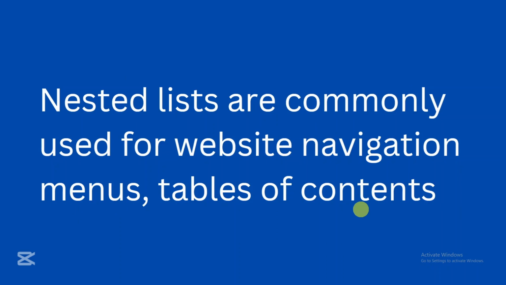On a website navigation, you're going to have a menu, and then you're going to have sub menus, right? So to be able to create your menus and a sub menu, you need to nest your nested list inside your UL. Also, a nested list is used for a table of contents, where you can display the heading, and then you're going to have subheadings or subtopics for your document.